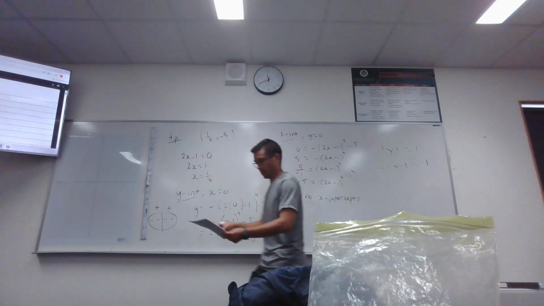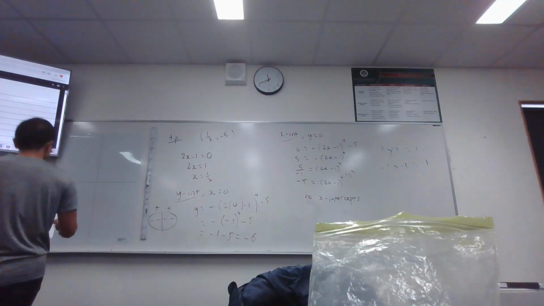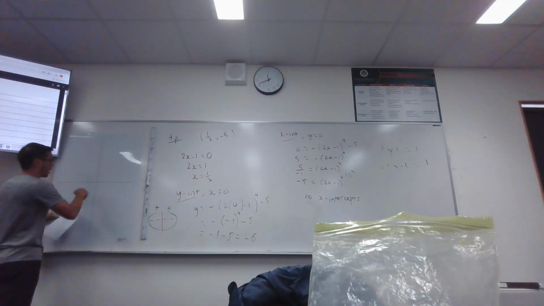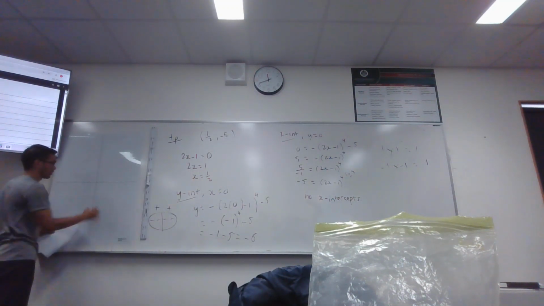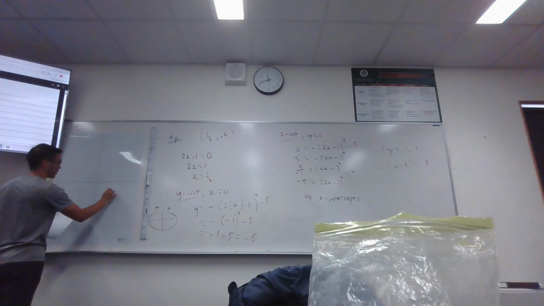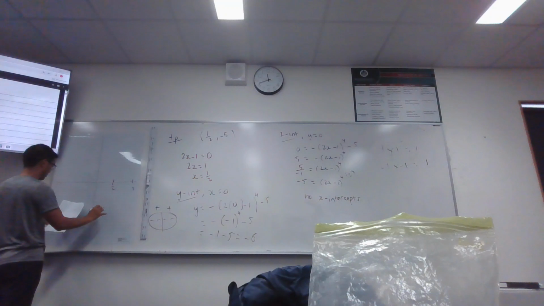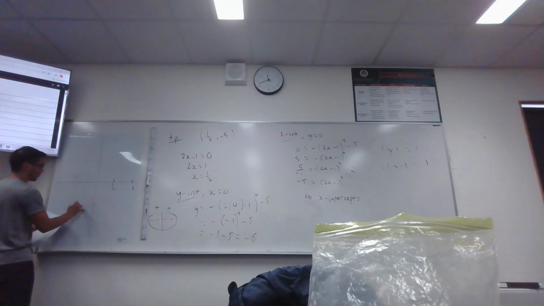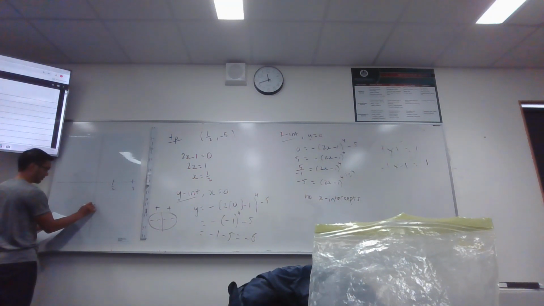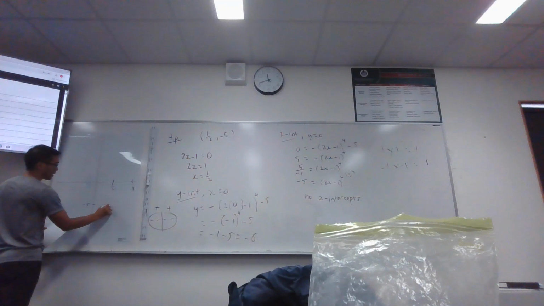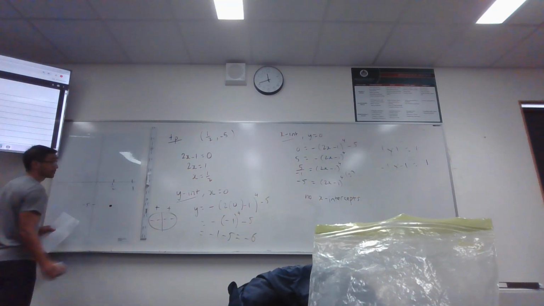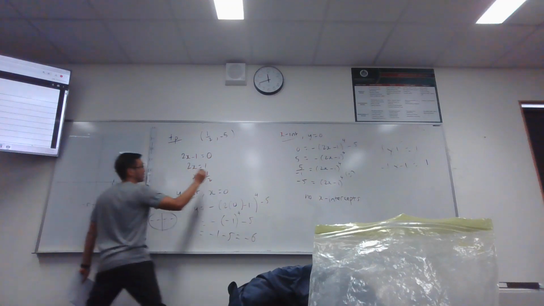Okay. So when we do our graph, I'm not going to do it exactly here. So if this is half, and this is 1, and I'm going to make this negative 5. Our quartic, is it going to go up or down?